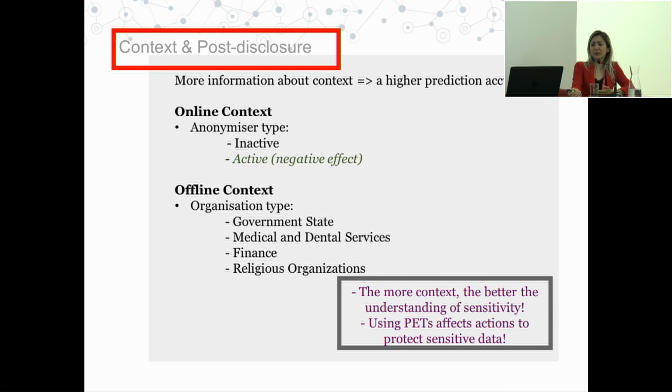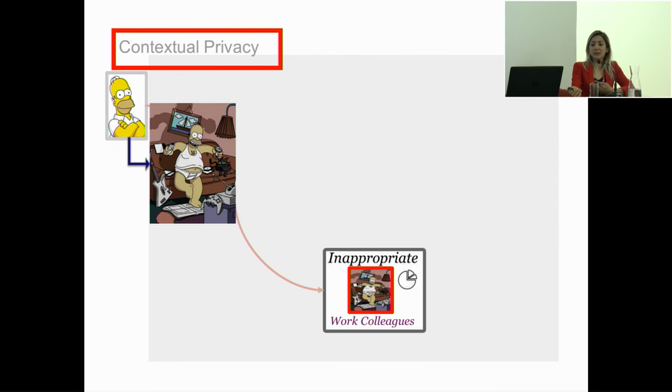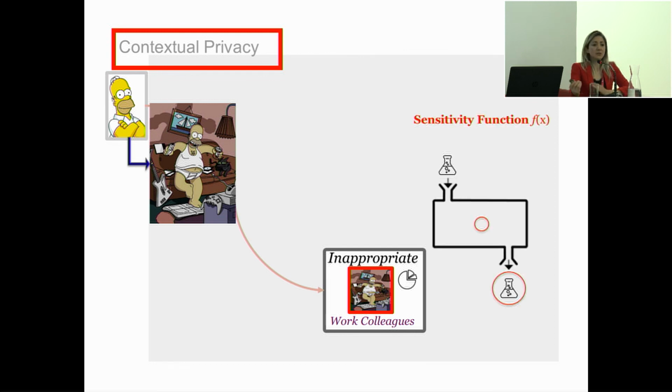And what we could conclude from that is that contextual privacy, in that sense, based on this inference of this sensitivity function, could actually be used to develop privacy-enhancing technologies that would make use of the sensitivity function.